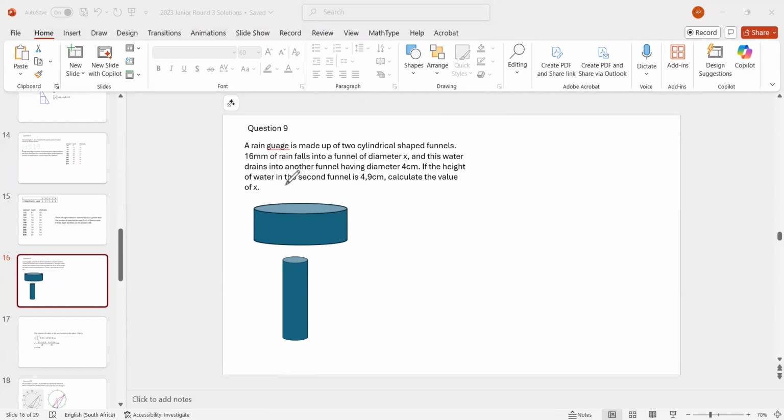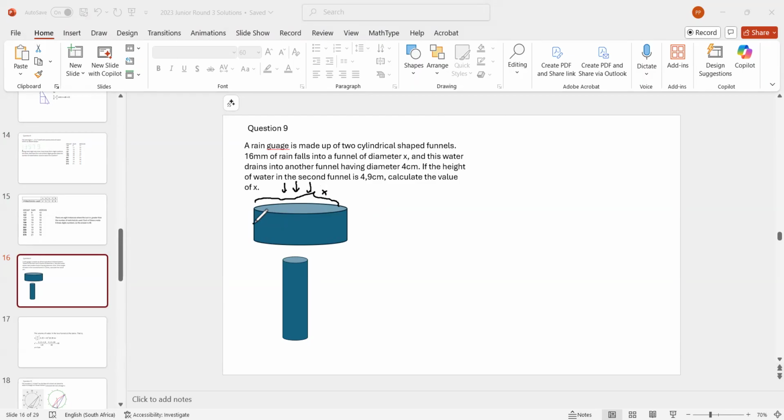So the rain is falling down here, let's say, and this funnel has got diameter x. And 16 millimeters of rain falls into this funnel.